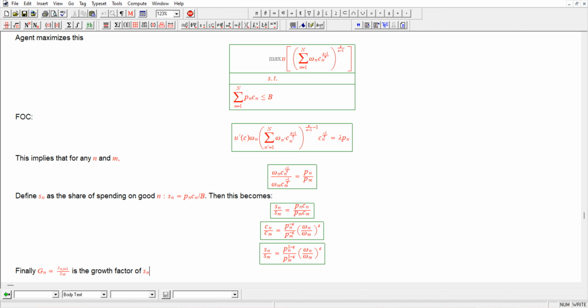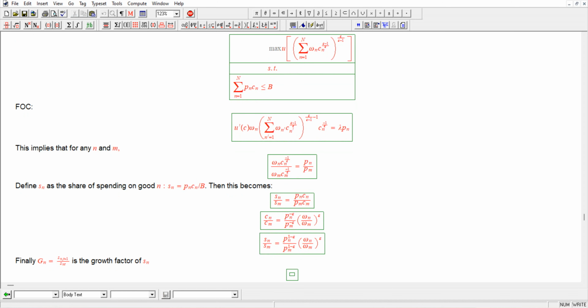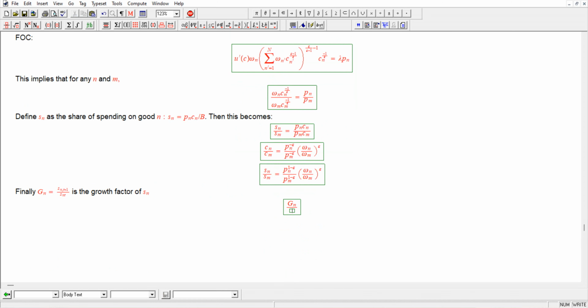So once again, we're going to be wanting to compare G of n to a different G of m. So let's compute that.